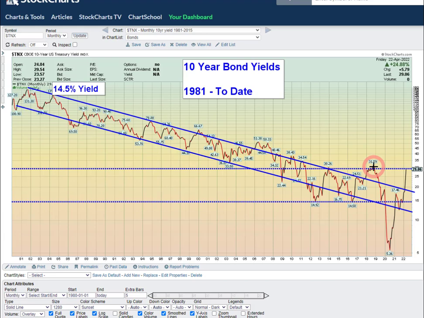Remember the Q4 2018 rug pull where the market went down 20% in 3 months, and then you had the Powell pivot January 2019, and then that was taking things back to zero on the Fed funds rate.